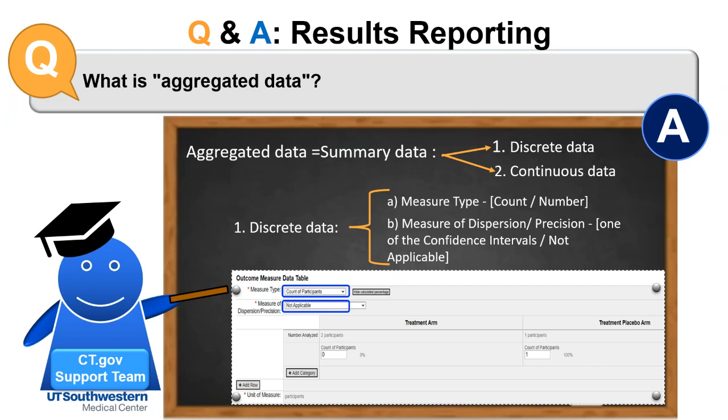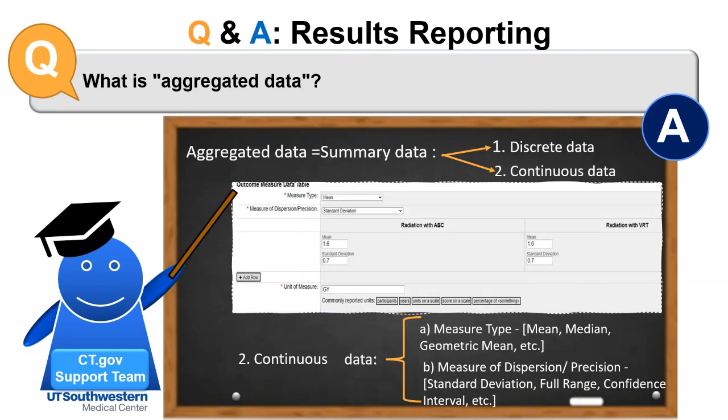And for this, not applicable is automatically selected as the measure of dispersion or precision, as seen in the screenshot here. If number is chosen as a measure type, one of the confidence intervals or not applicable can be selected as an option as the measure of precision or dispersion as appropriate.